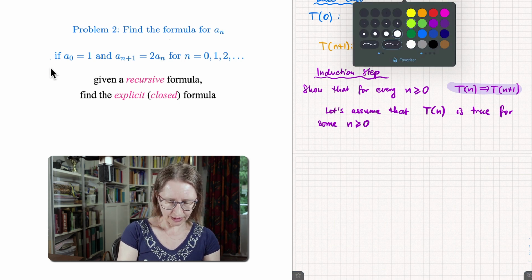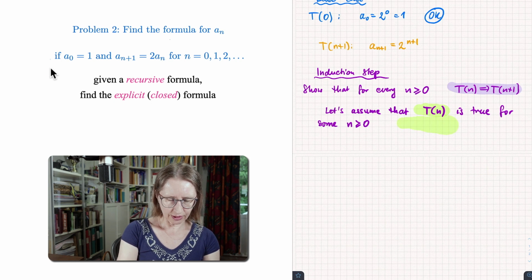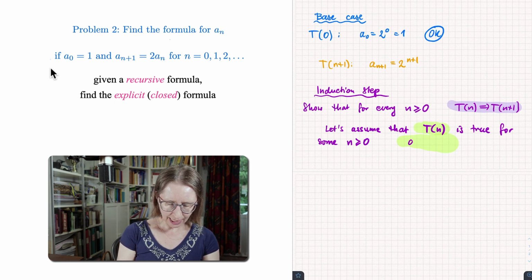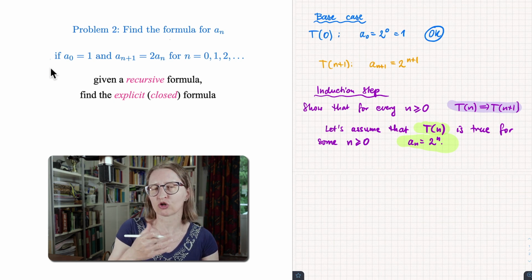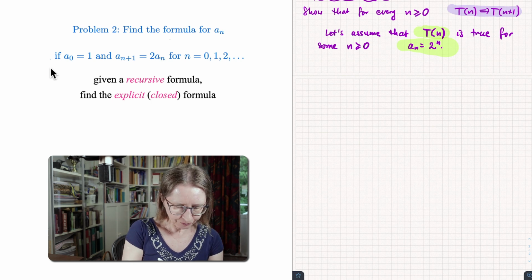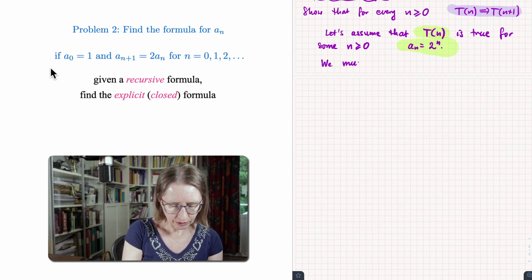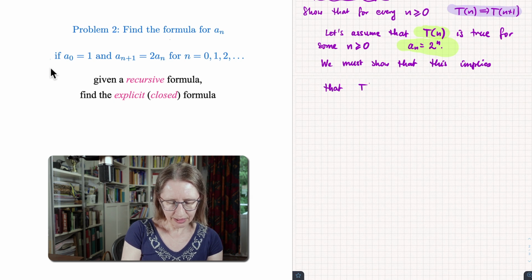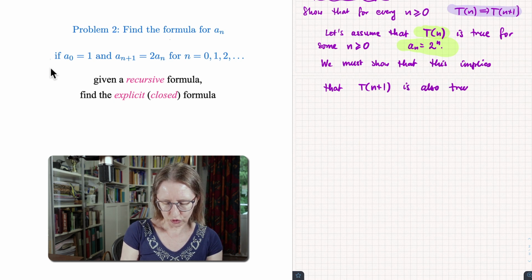And what is this T of n? Here, this is such a short formula that I can copy this here. This means that an is equal to 2 to n. We assume that this is true for some n. And we must show that this implies that T of n plus 1 is also true.